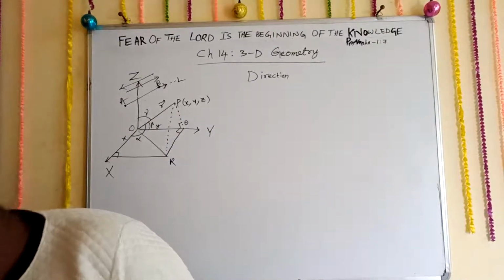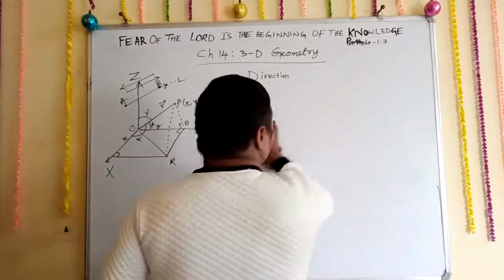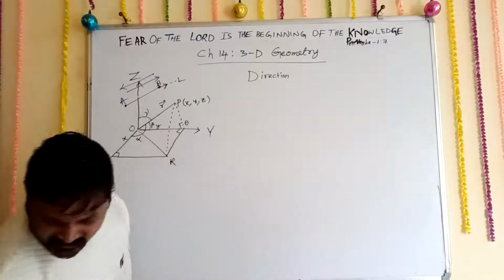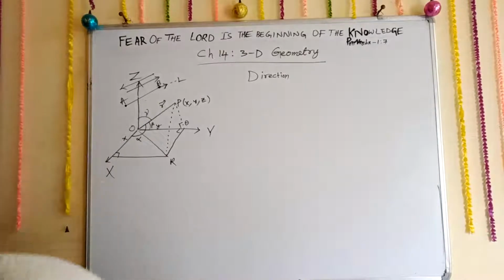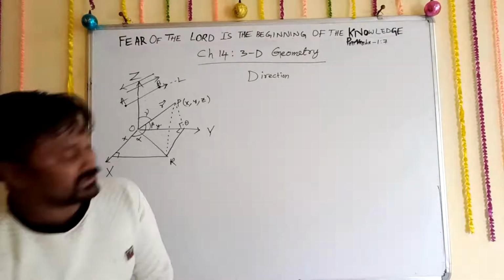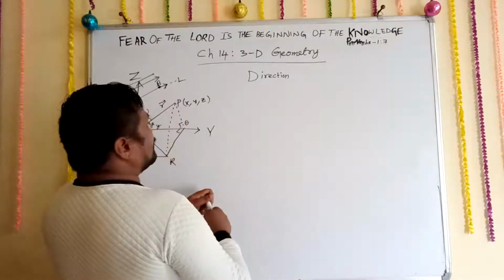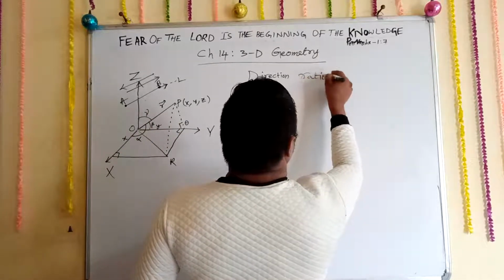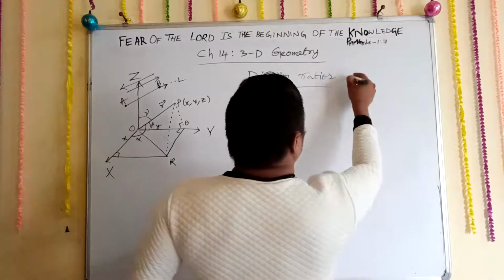You should understand this. Direction ratios are very simple, you just concentrate here. Direction ratios of a line.